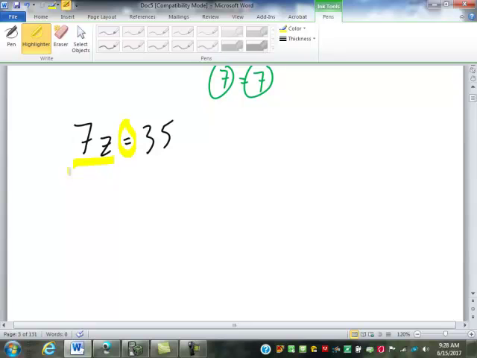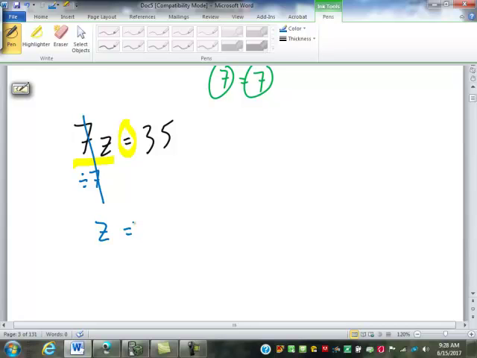The 7 is. What operation was used to attach that 7 to the z? Multiplication. Z has been multiplied by 7 to build this equation. So to take it apart, how do I reverse multiplication? Divide. Very good. We divide by 7 to get rid of that 7, leaving us with just z.